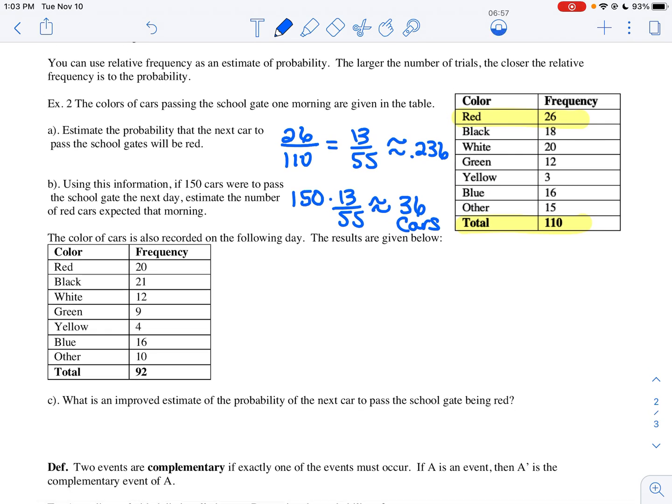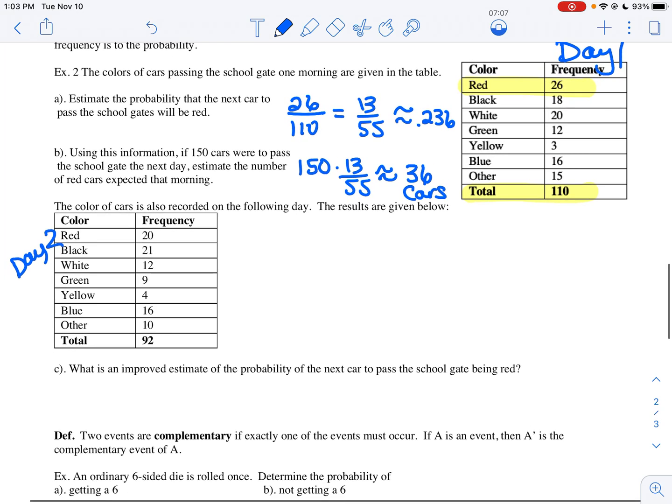All right, the color of cars is recorded on the following day. So this is now day 2. This was day 1. It says, what is an improved estimate of the probability of the next car to pass the school gate being red? It would be awfully tempting to say 20 over 92. And that's not going to be a very good estimate. That's only the estimate on day 2. So watch what you can do.